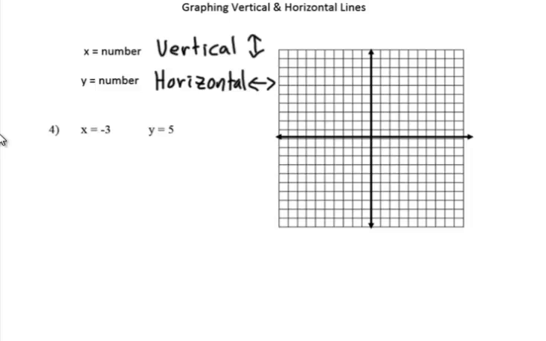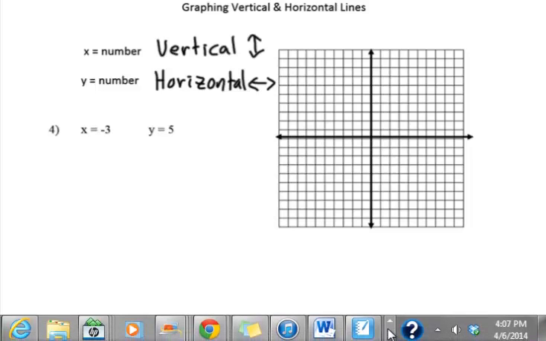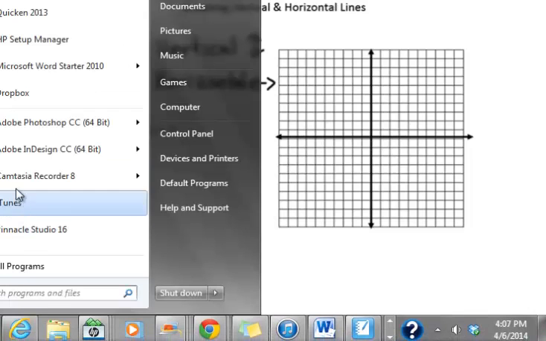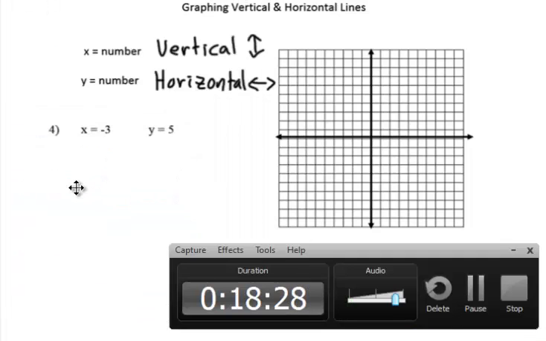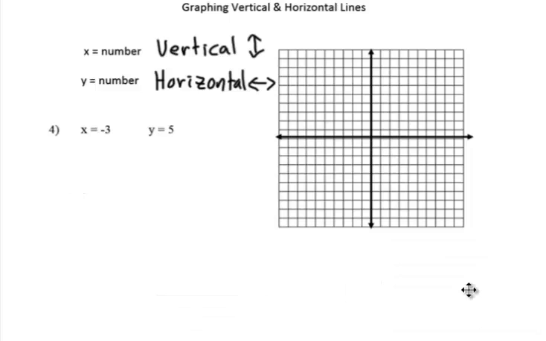So I like to do a little thing here that I will show you in 1 second. I like to say x equals vertical, and I stick my arms up in the air, and then I do y equals horizontal, and we push those to the side.